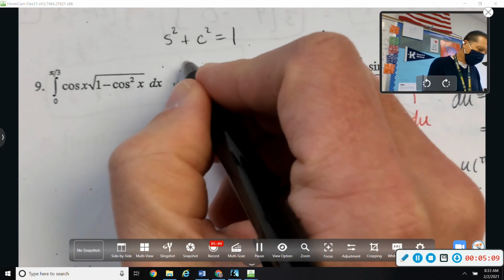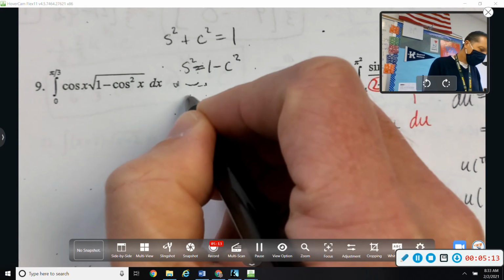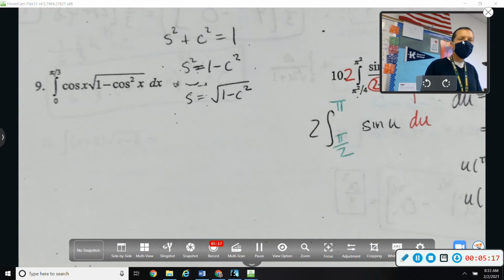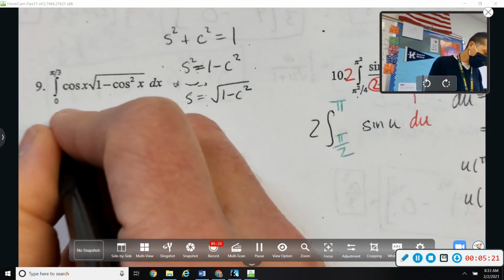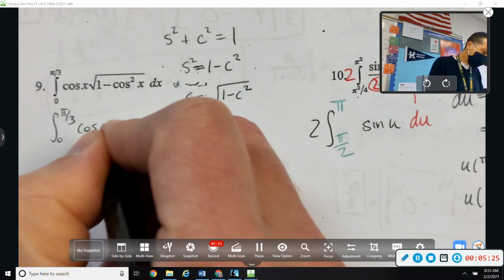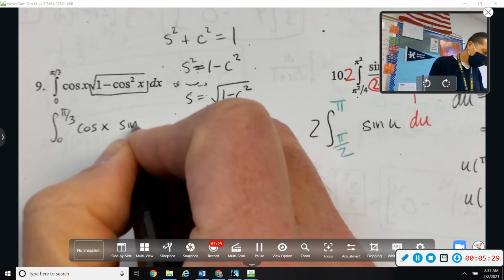If I move the cosine squared over, sine is the square root of 1 minus cosine squared. So even before calculus starts on this problem at all, I can replace all of that with sine of x.